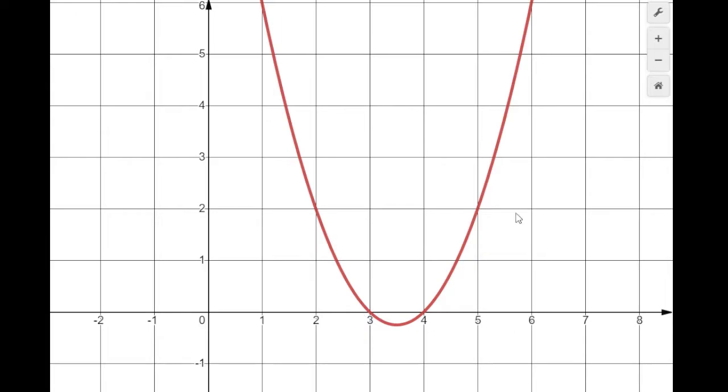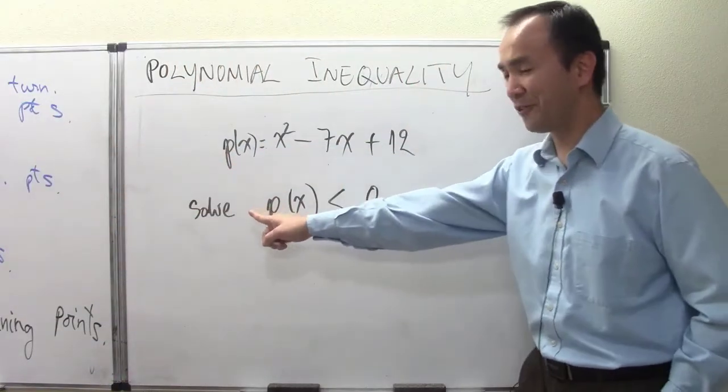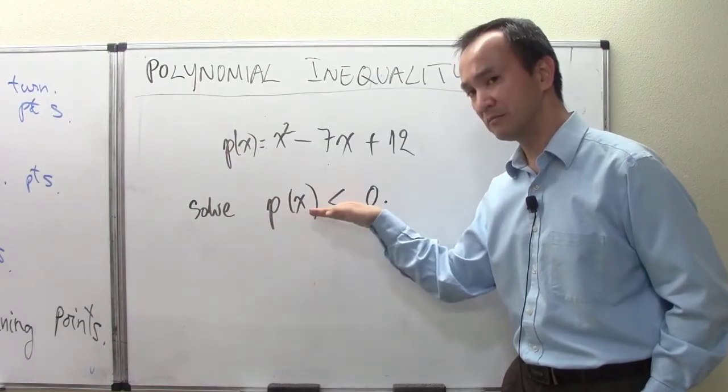Again, let's look right here at the graph. See, some intervals fall below the x-axis, and some other intervals the graph stays above the x-axis. That's what I meant. And so now here specifically, I want to find the x values satisfying the polynomial being less than 0.